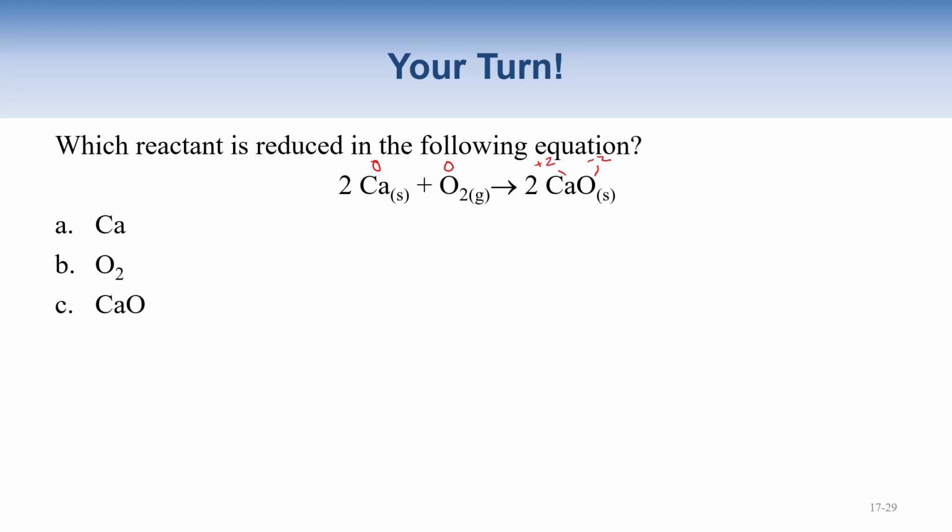So calcium goes from 0 to +2. Calcium was oxidized. It lost electrons, it was oxidized. Oxygen went from 0 to -2. Oxygen is the one that was reduced.